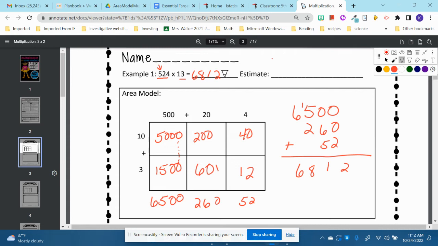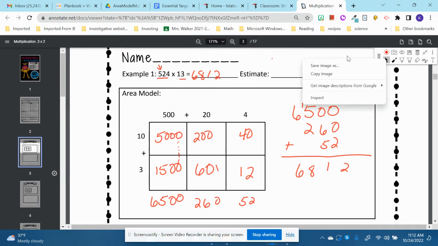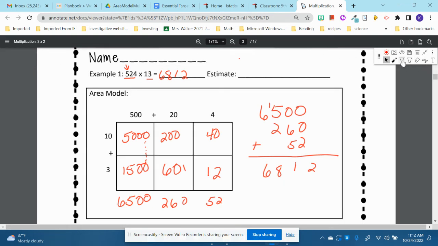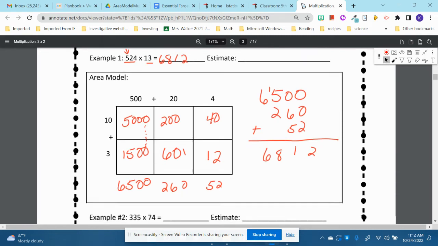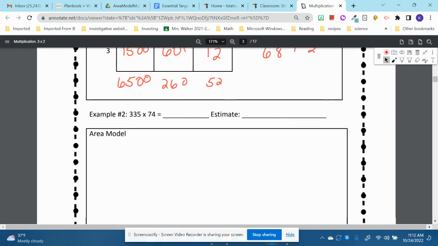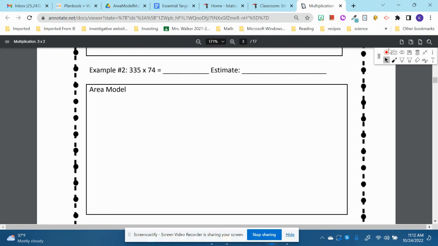And I will check myself, make sure I didn't make any mistakes. 524 times 13. Okay, are we good? Okay, let's move down to the next one. And I used to have an insert.